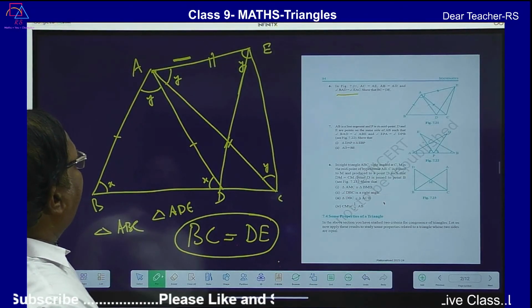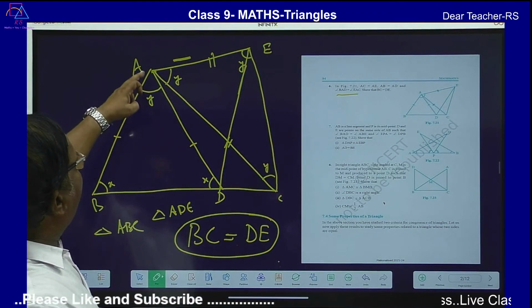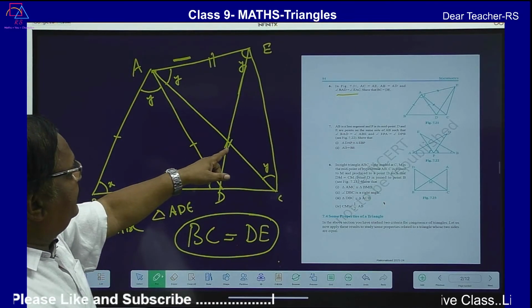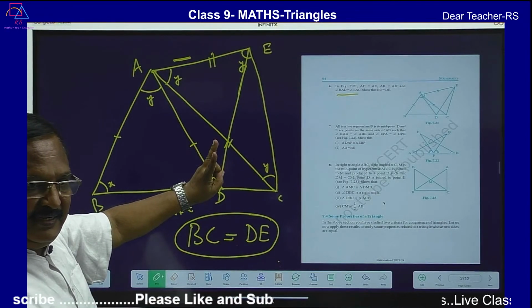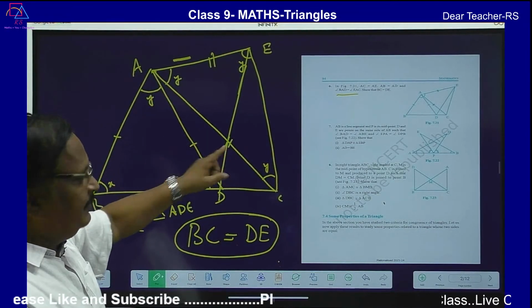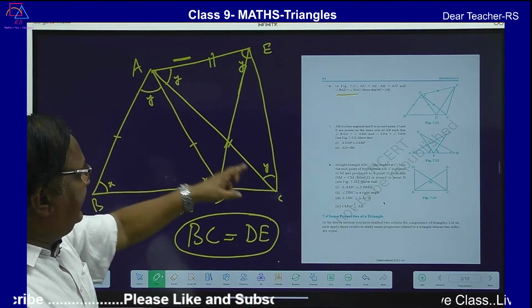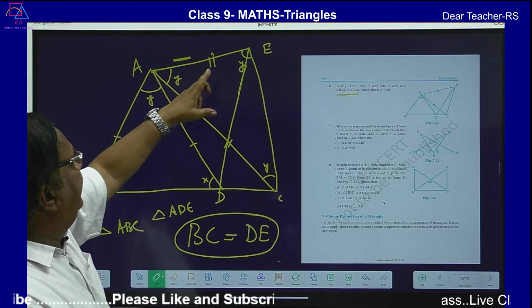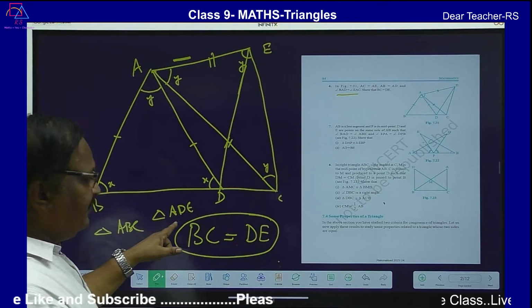Okay. Now you see again AC is the side of ABC. On AC double mark is there. So that means AC is the side of ABC. One more double mark is there, AE. So AE is the side of ADE.